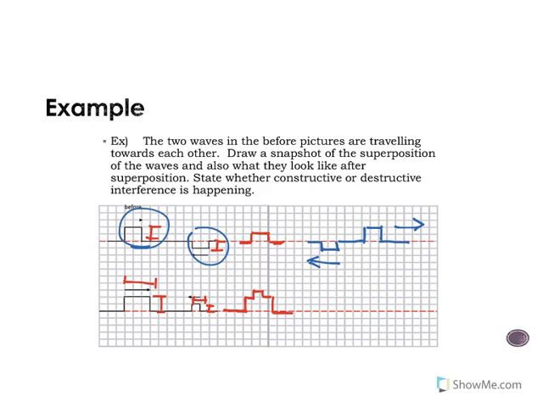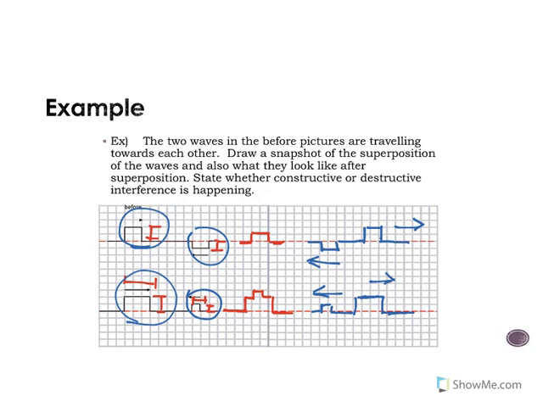After superposition, the waves would just continue on. This wave right here would continue going left, so it would continue going that way. And this crest right here would just continue on going that way.